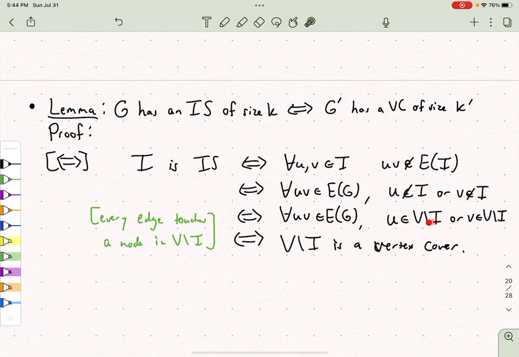And so if we have a vertex cover, this is true. And then just by taking the complement of the statement, we get this property. So if u is in the complement, then by definition of set difference, u is not in I, or v is not in I. So that's directly just by saying u is in V minus I if and only if u is not in I. And that's just by definition of what it means to not be in I. So that part's clear.